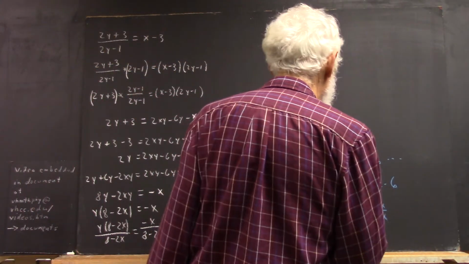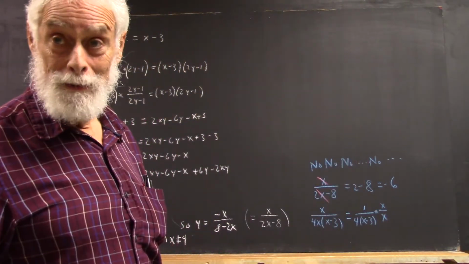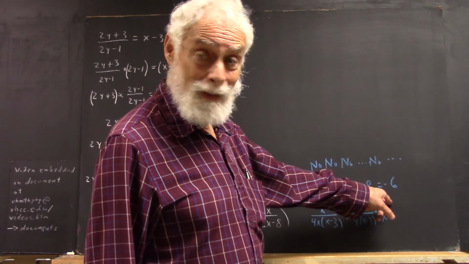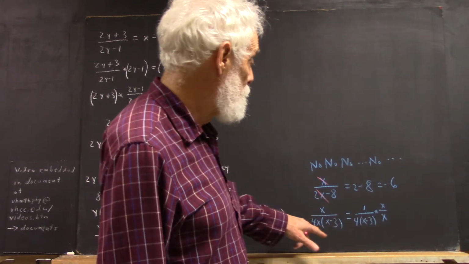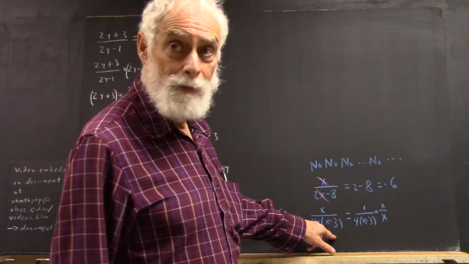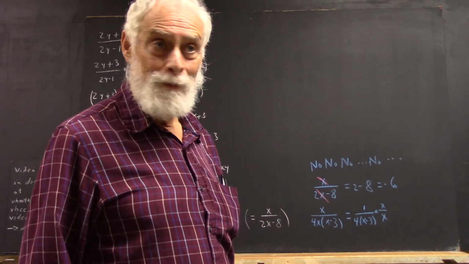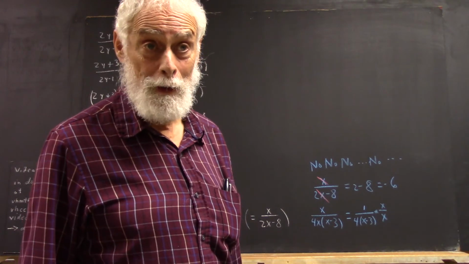If you want the numerator to still be x, you're going to have to put a 1. Right? Now the numerator is x, and the denominator is still 4 times x minus 3 times x, which is the same as 4 times x minus 3 because of the commutative and associative laws, right? Now you can change the order of multiplication, okay?